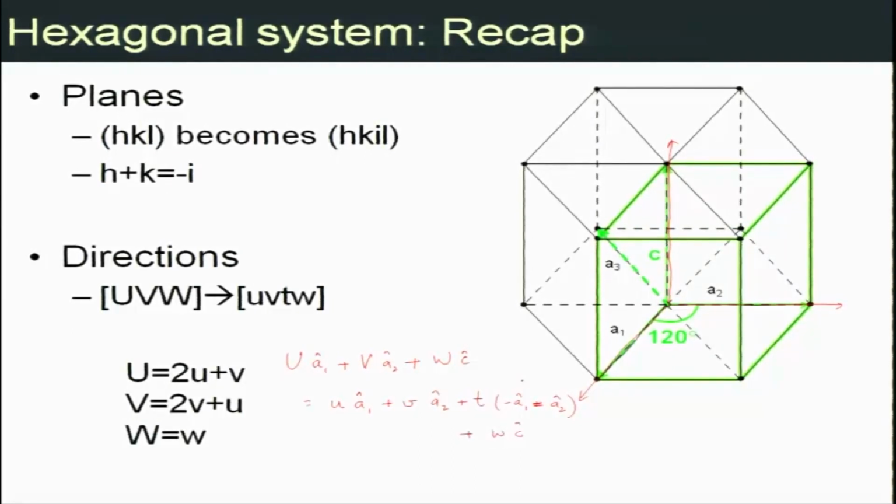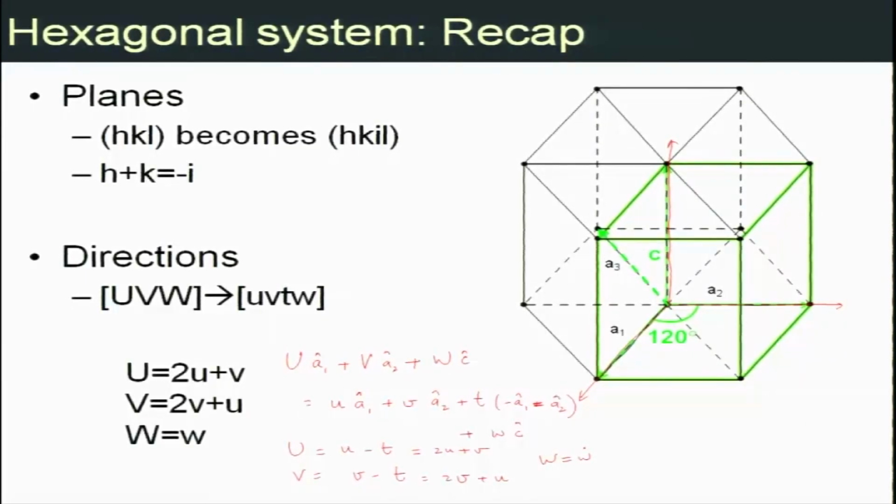If we now match the components along the A1, A2 and C axes, capital U will be U minus T, capital V will be small v minus T, and T is nothing but minus of U minus of V. So this will become 2U plus V, and this will become 2V plus U, and W will remain as W. This is a very simple equivalence that you can set to determine the UVW relations.